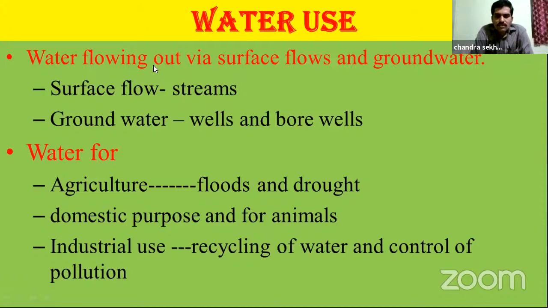To get good yield and good crops, we need sufficient water, nothing but sufficient rainfall. In the rainy season we get sufficient rainfall, then we store it in dams, and the stored water we use for the entire year for agriculture purposes. So we need water for agriculture.